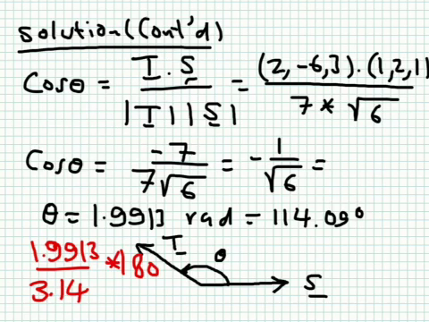This answer will give you 114 degrees. So indeed, the angle between the two vectors is greater than 90 degrees. This is the smallest angle between them, because the other big angle, which is going all the way around, will be 360 minus 114. So indeed, they have an angle which is greater than 90 in this case.